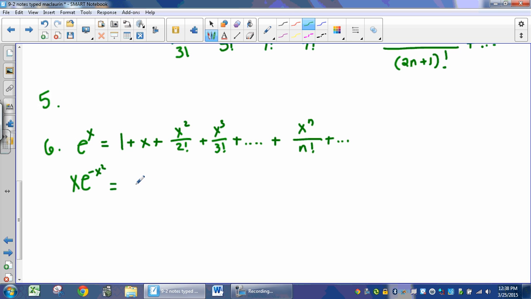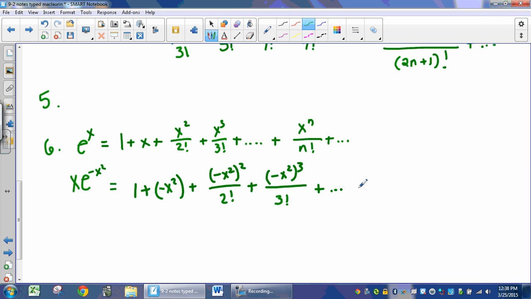So this is going to be 1 plus negative x squared plus negative x squared squared plus negative x squared cubed, and so on, plus negative x squared to the n over n factorial.